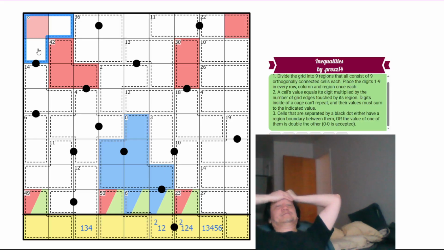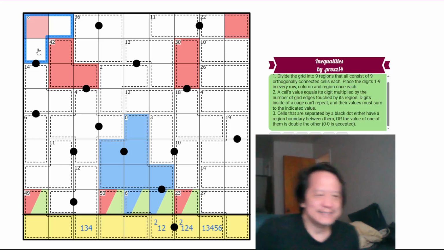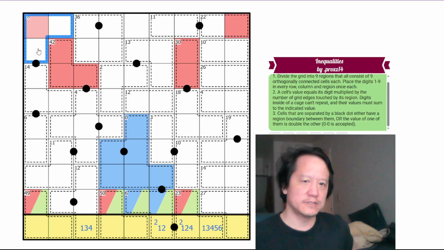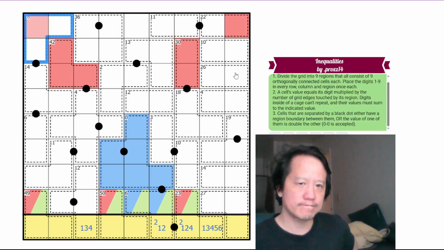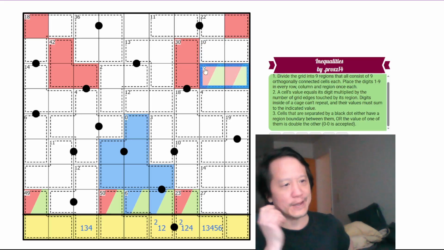But we don't know. 26. One of these could be singleton, the other one could be... One of them at least has to be 2. So we have 2 and maybe 1 there.